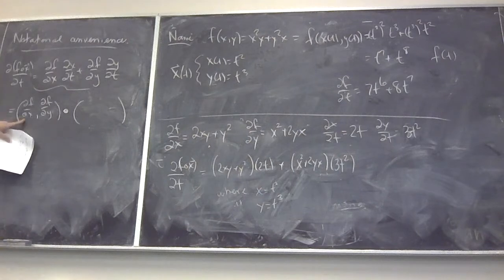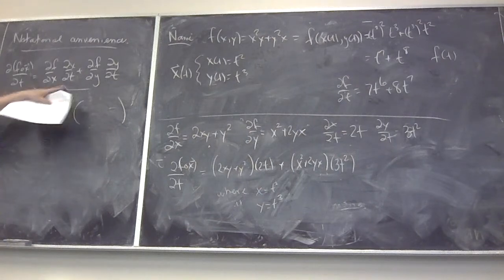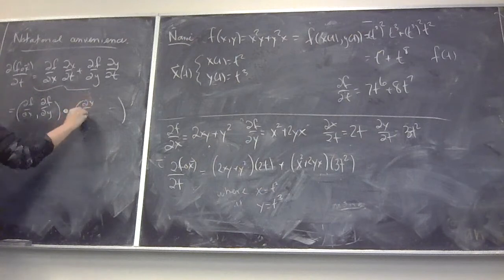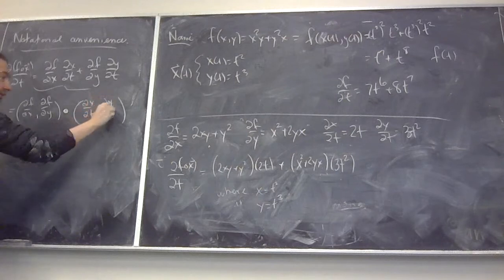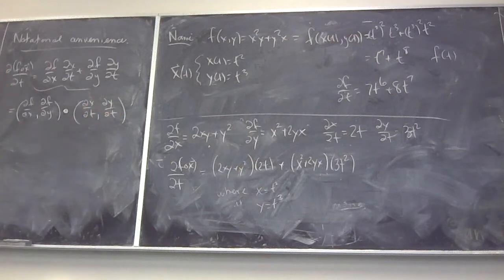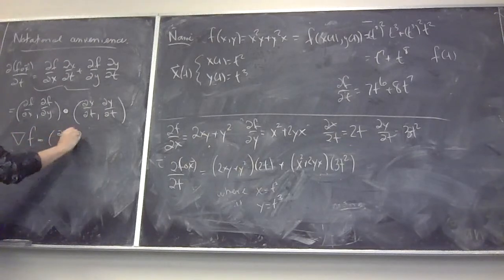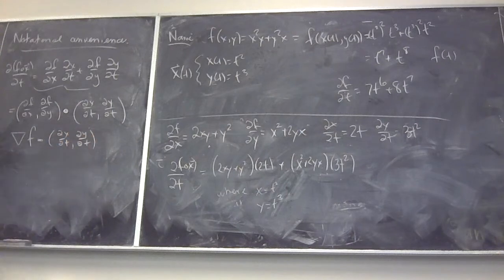What is df dx multiplied by? Well, it's dx dt. So if this is a dot product, there should be a dx dt here. And there should be a dy dt right here. That is a gradient.